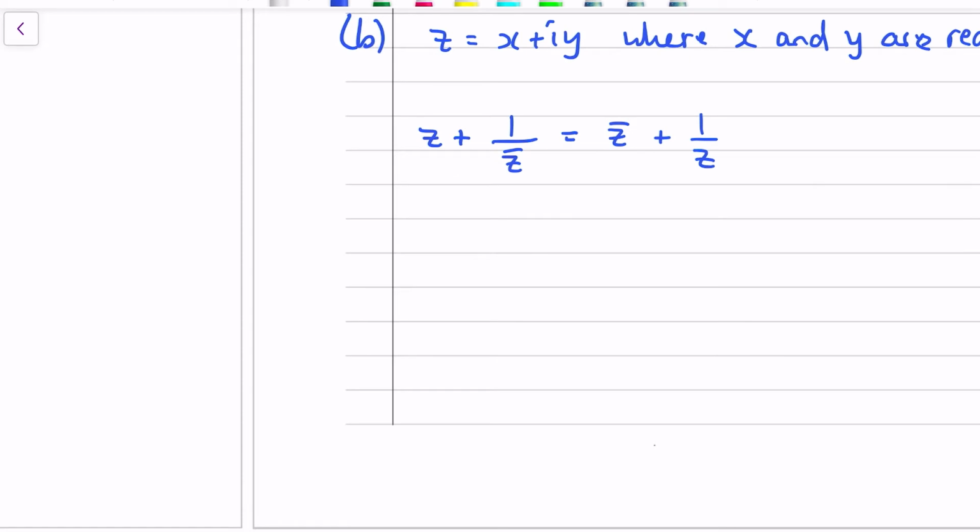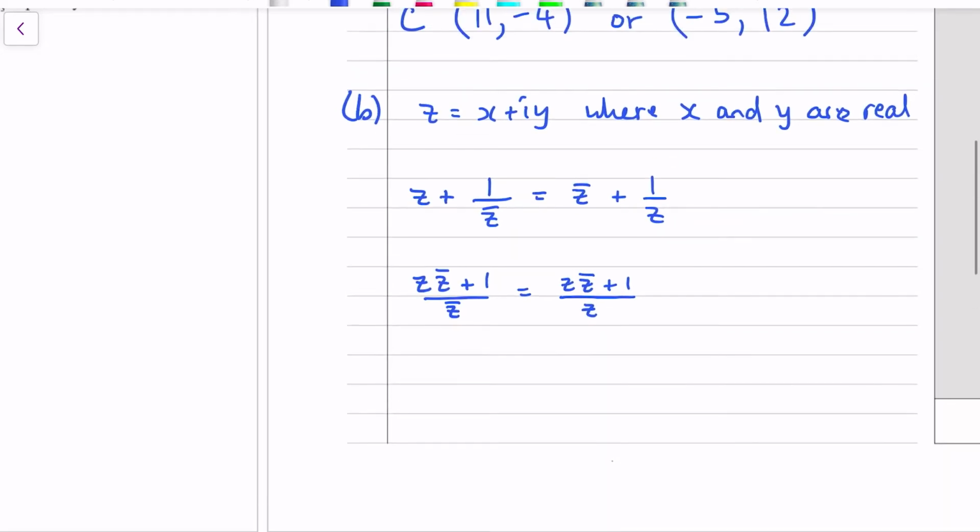You could put these fractions together and you'd get z times (z bar plus 1) all over z bar equals z times (z bar plus 1) all over z. Okay, it's just putting the left fractions together, the right fractions together, and notice that the numerators are the same, so therefore the denominators must be the same.